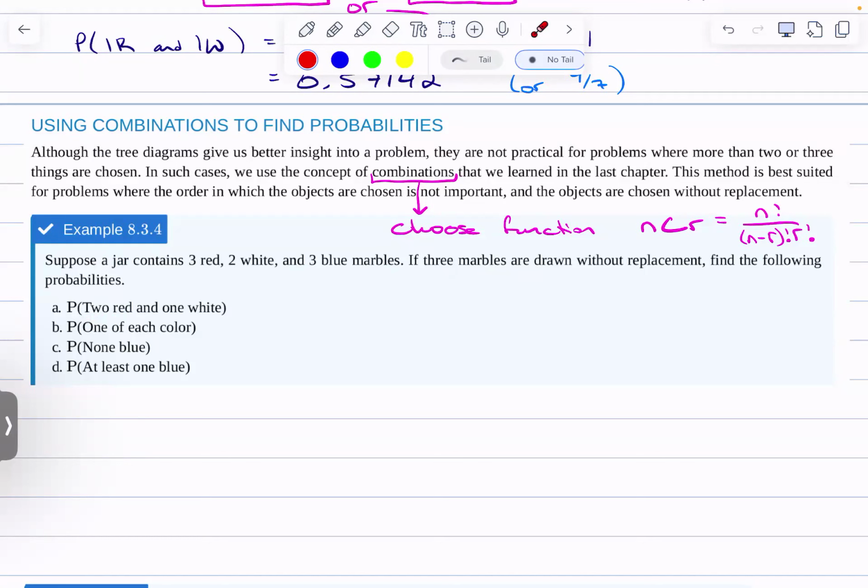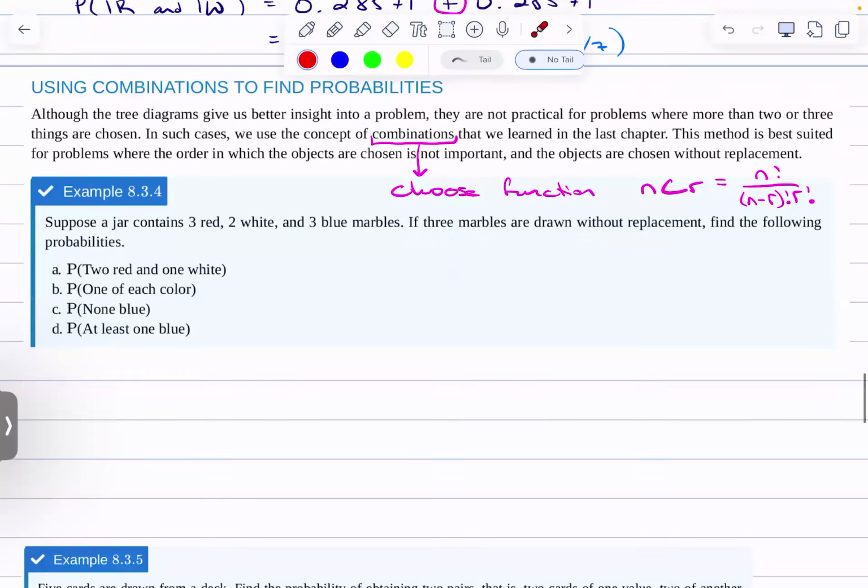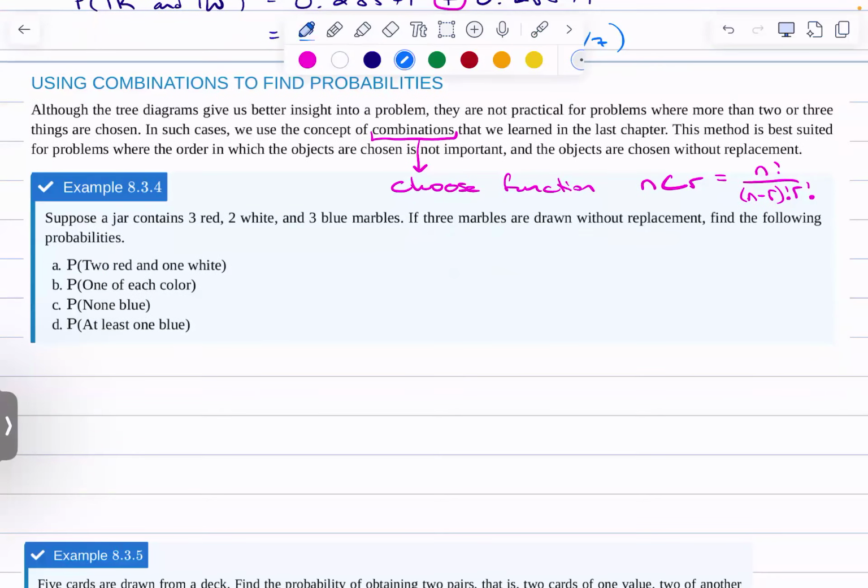So I have a total of 8 marbles, and I'm going to choose 3 of those. We're going to look at specific combinations, but first we need to figure out how many ways out of 8 marbles I can choose 3 of them, right?